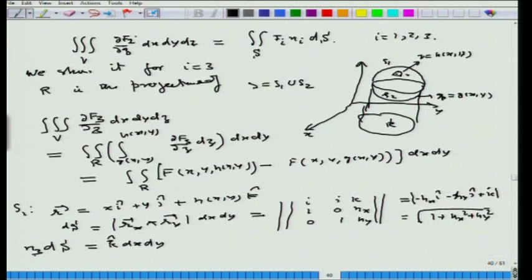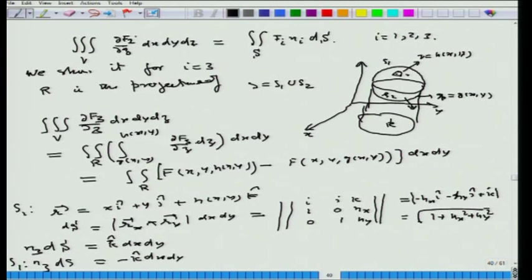So, we get this. Now, on the lower part, n 3 ds on S 1 we get as minus k dx dy, because here you have the negative direction. So, you get a minus sign on this. We get finally the same thing, f at x y.